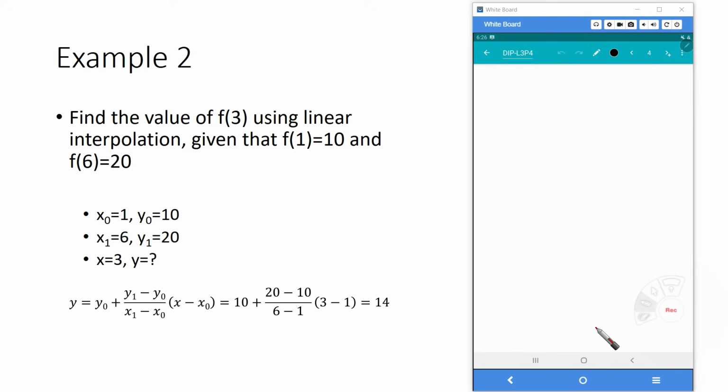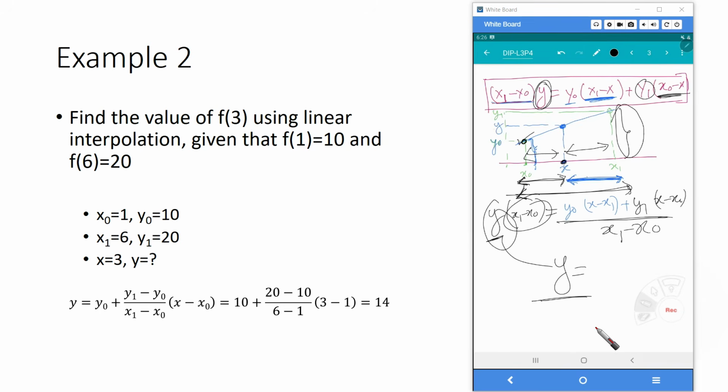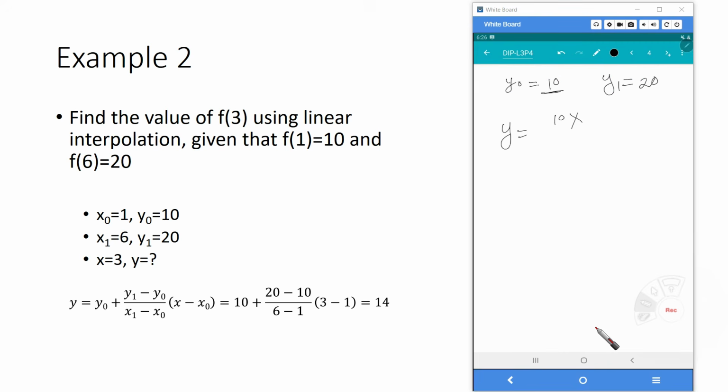So y0 is given as 10, and y1, the value at this other point, is 20. We want to calculate the value y. So how do we do that? It's better I have a quick draw again.